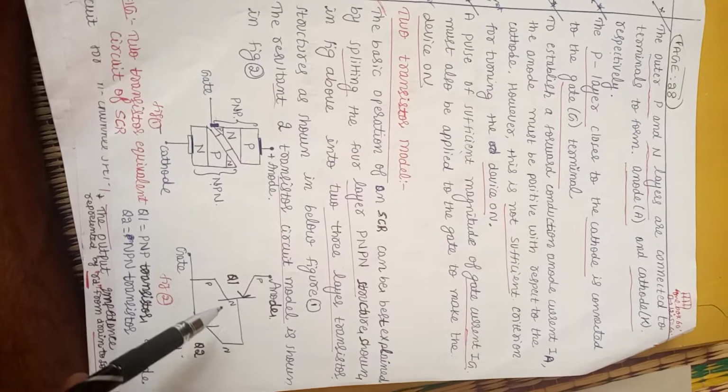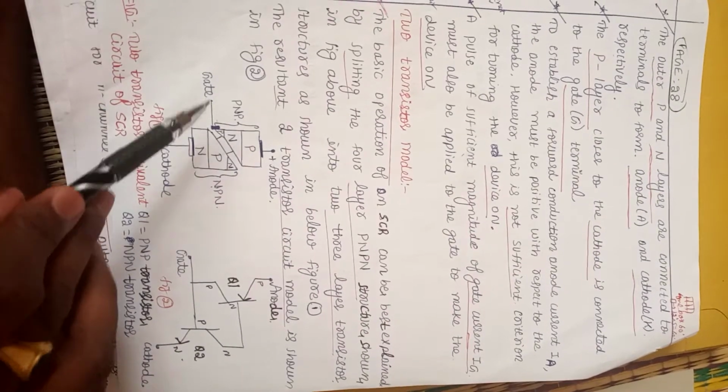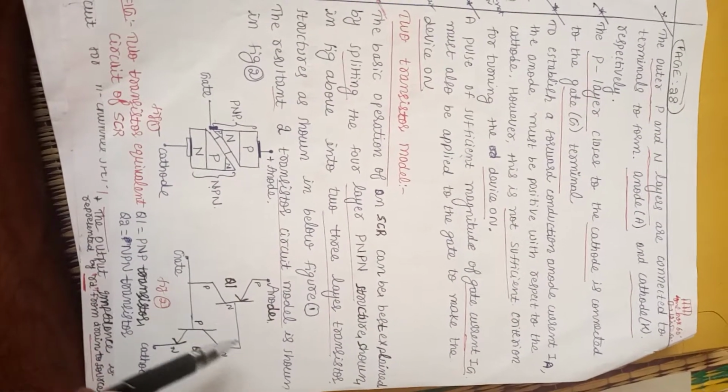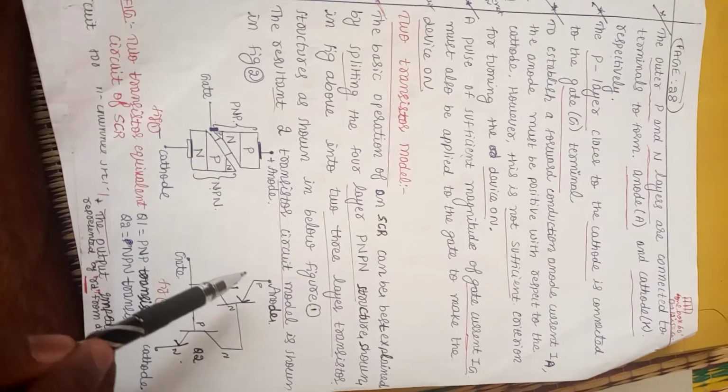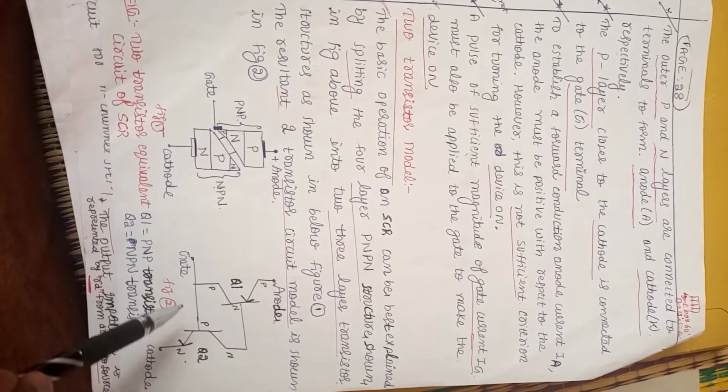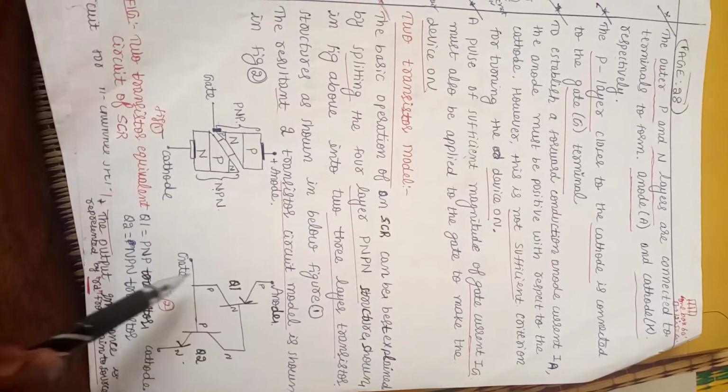Here you have the gate and here you have the gate. This model we call the 2-transistor model. The 2-transistor model is used to analyze the operation of SCR.